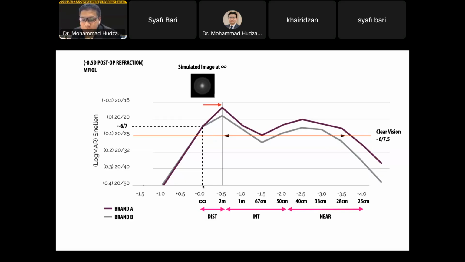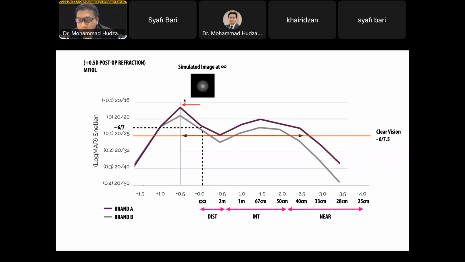So now, if we see here, patient is seeing at infinity, now is dropping from 6/5 to 6/7 only. And if we see the simulated image here, the halos will be very bad. Just because we miss the refractive target of the patient, the lens behave differently. And then we can see here, the vision at near and at distance is around the same, but the distance is lower than when we implant the lens aiming at plano.